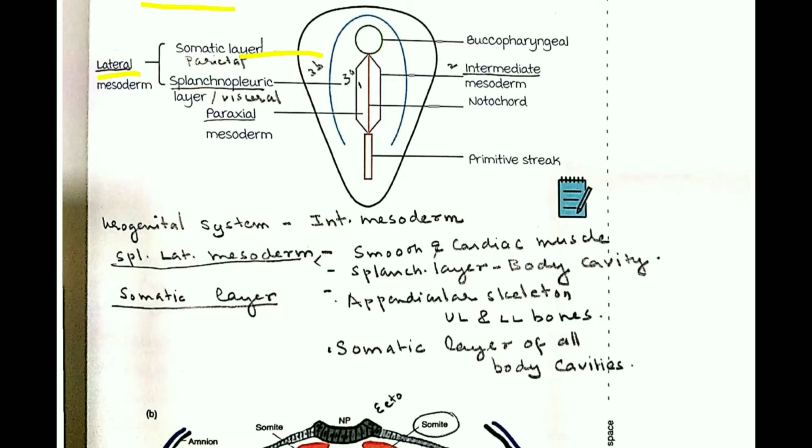And from the somatic layer of lateral mesoderm, we have the appendicular skeleton formation. Appendicular skeleton means the upper limb and the lower limb bones, as well as the somatic layer of all body cavities.